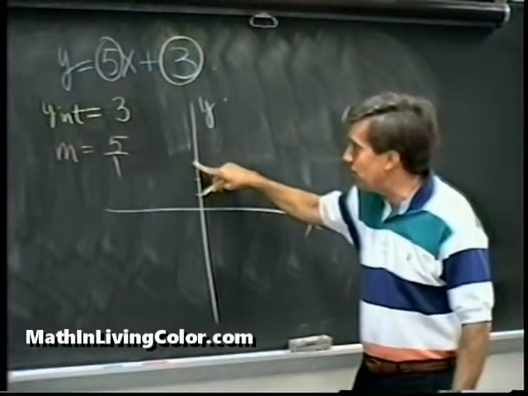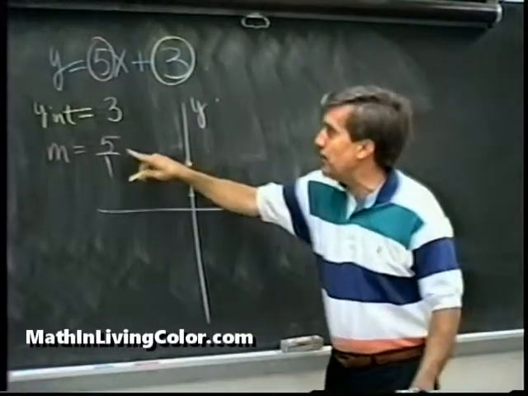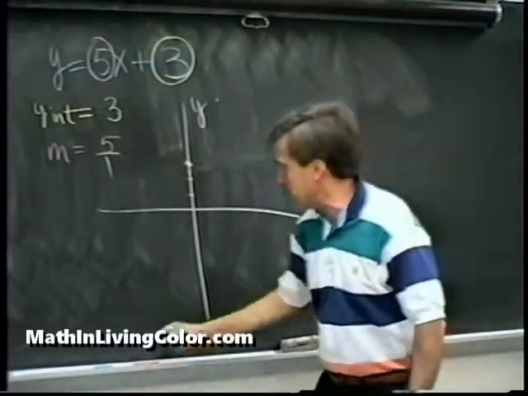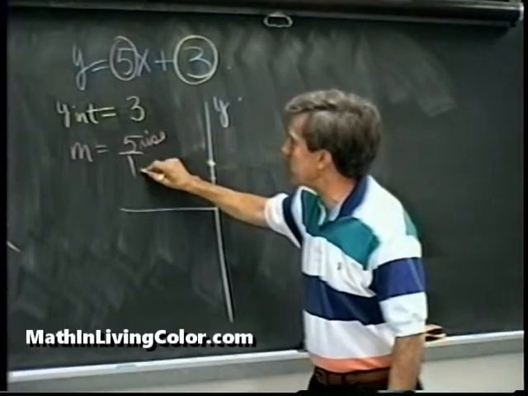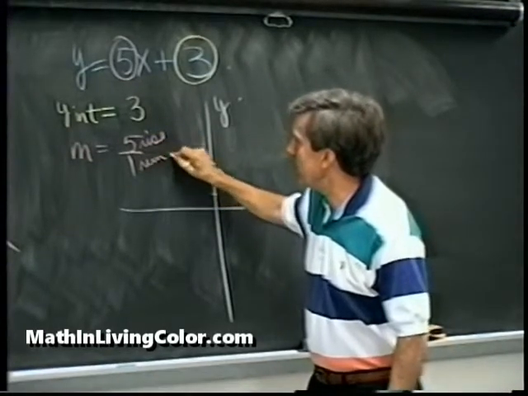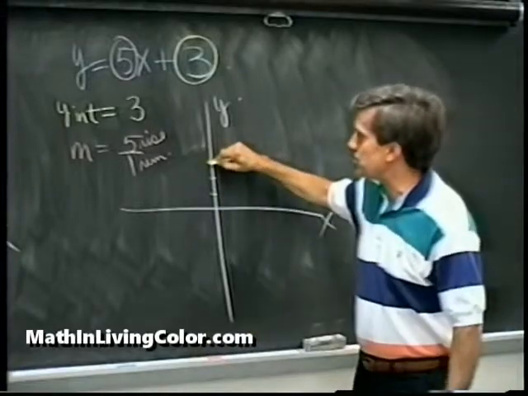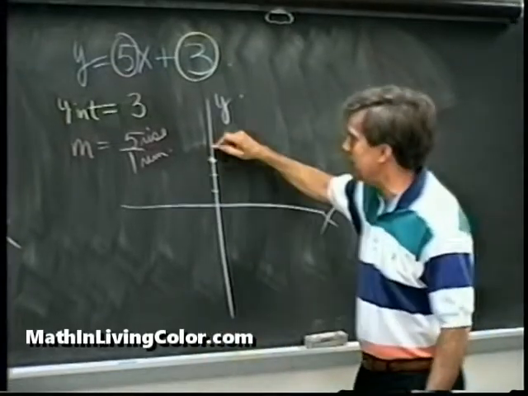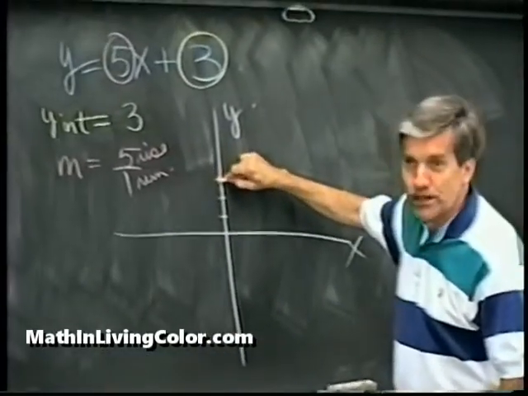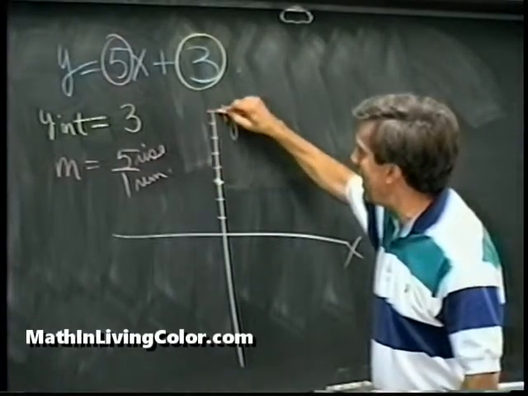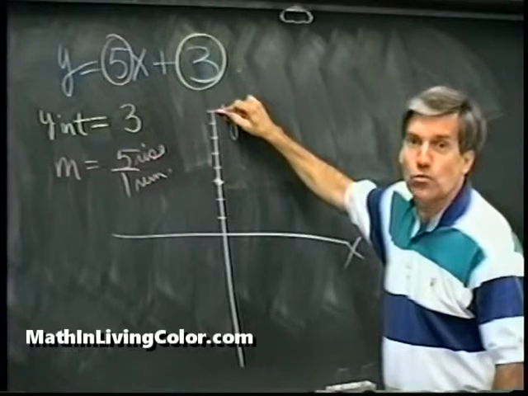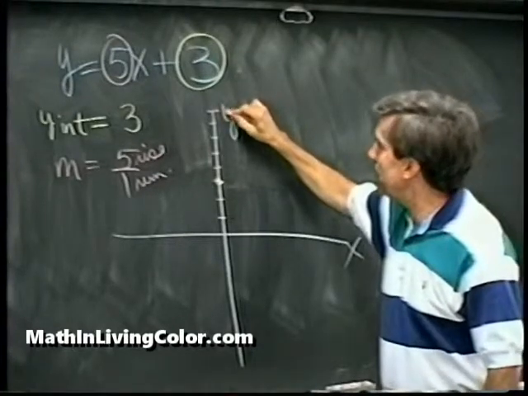Now, from this point, give me the slope of 5 over 1. What does 5 represent? Rise. What does 1 represent? Run. So I'm going to rise first. From this point, go up 5. 1, 2, 3, 4, 5. And then run 1. And that'll be your next point.